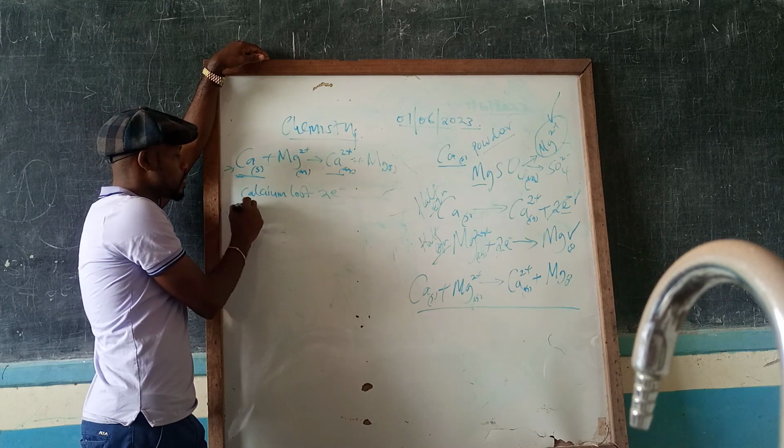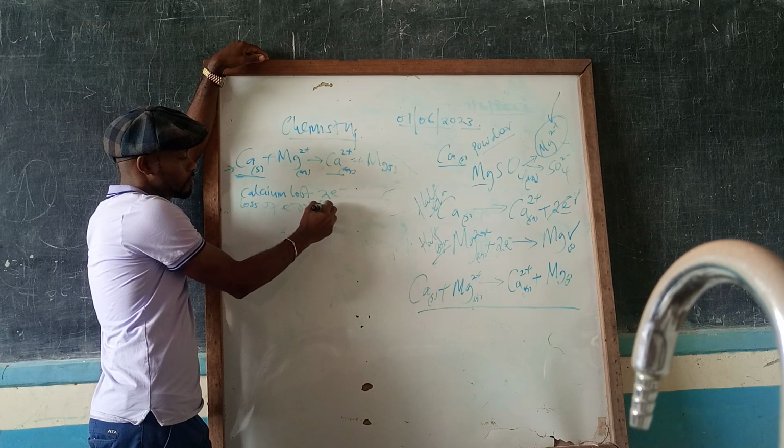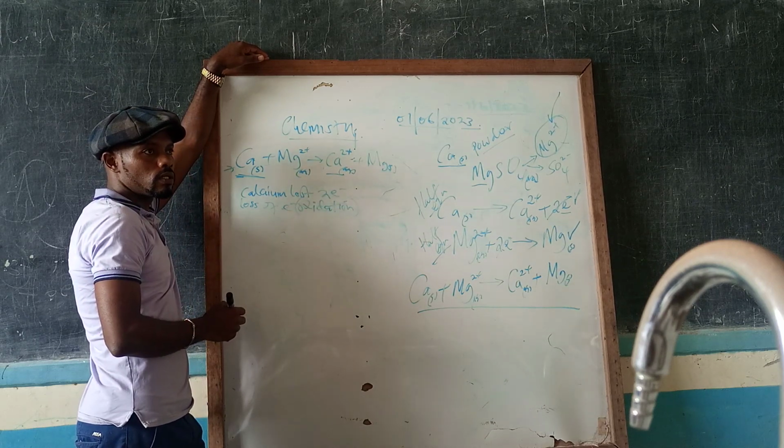Now, this is what we say: loss of electrons is oxidation.